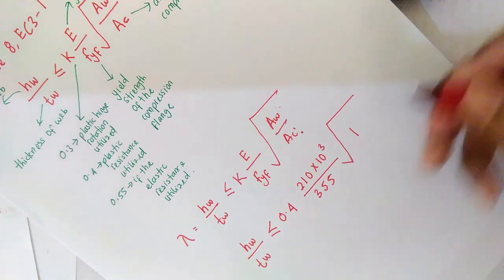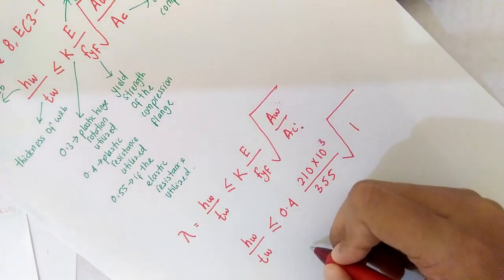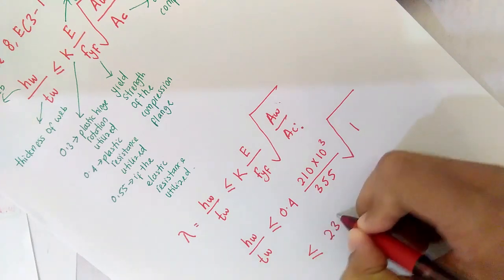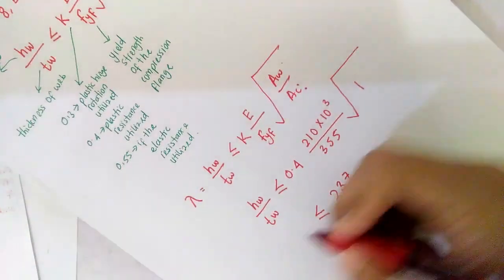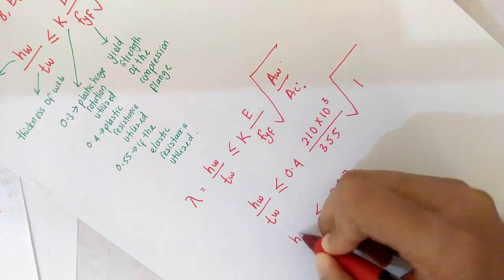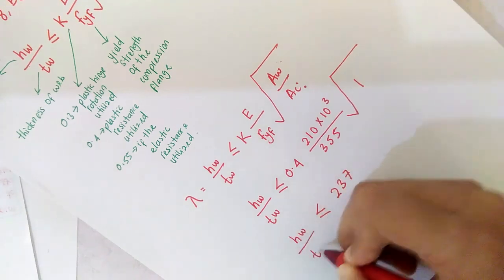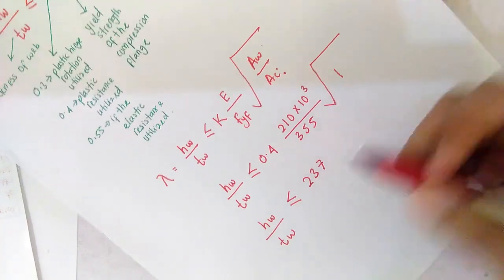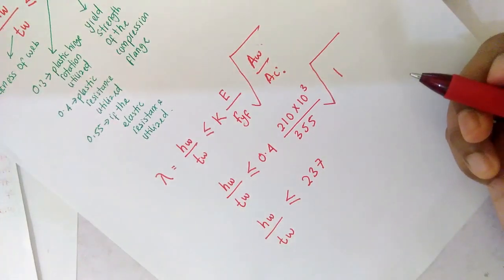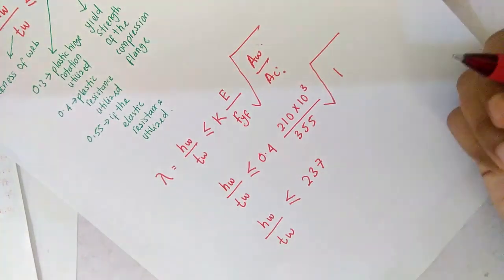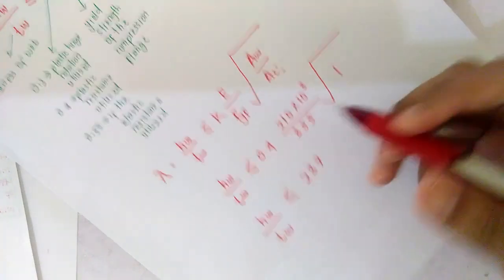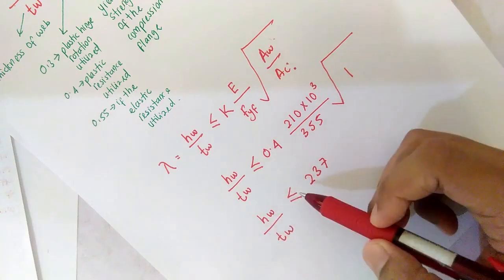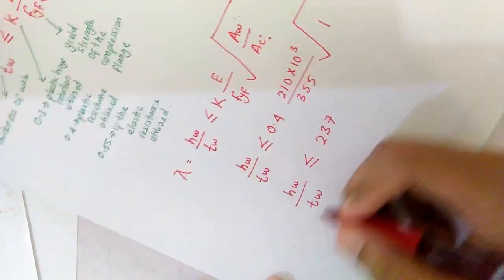Once it becomes 1, when you calculate it, it is equivalent to 237. Meaning that your HW over TW is lesser than 237.